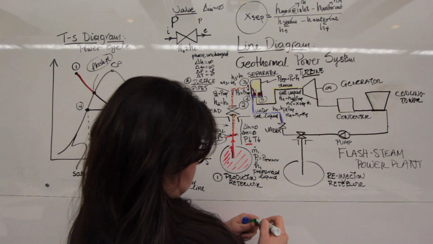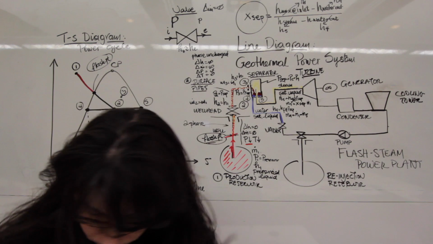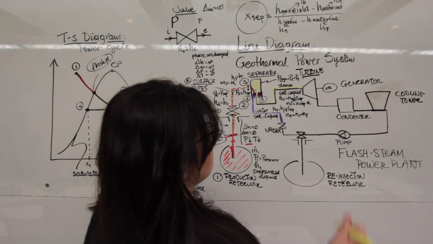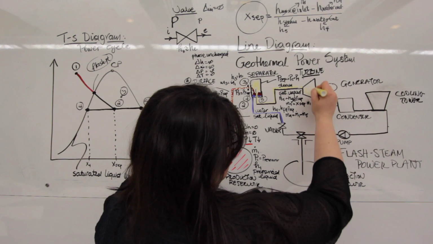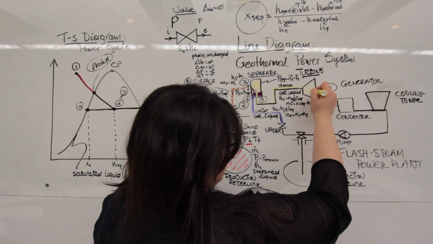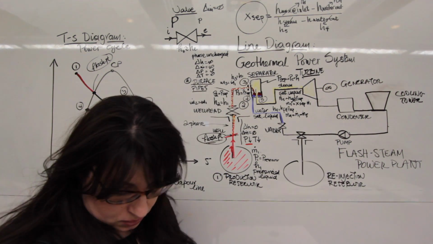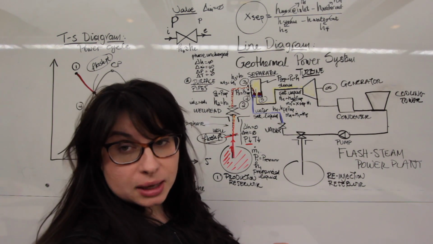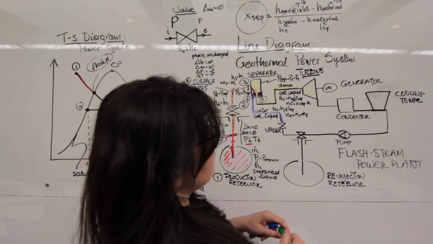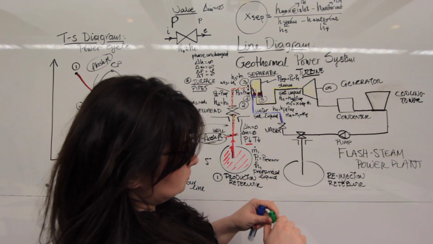So we have saturated steam coming into the turbine. It's flowing through. Now this particular turbine is not open to the atmosphere, so it's a system that's sealed.